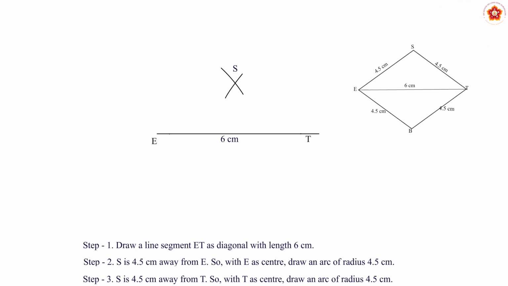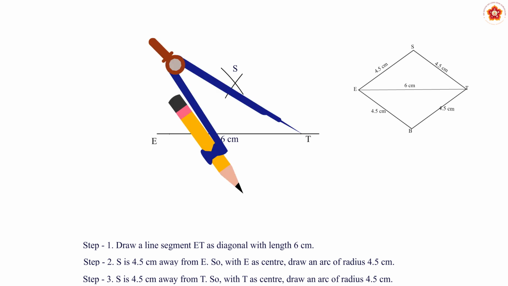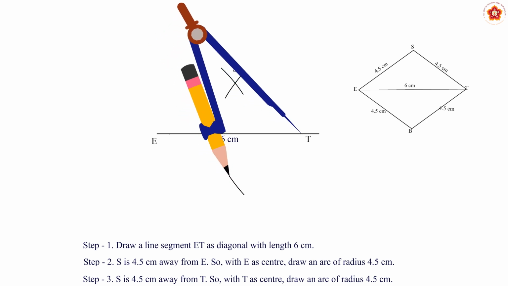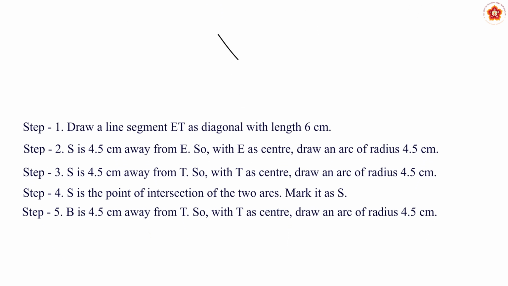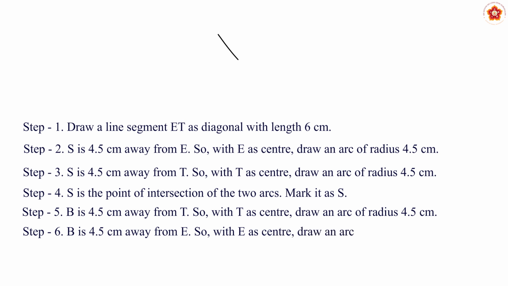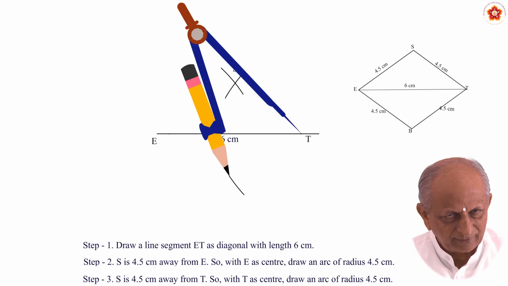So take a compass and scale and cut an arc from T, with a radius of 4.5. And similarly, point B is 4.5 centimeters away from E. So with E as center, draw another arc to cut the previous arc at the point called B. So now one more arc is drawn with the same radius.